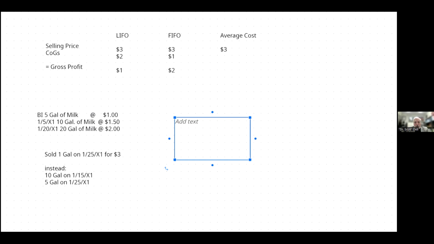And if we sold a total of 15 gallons, then we go back down here and we have 35 minus 15 is 20 left in ending inventory. Better be 20 left in ending inventory. And let's put the equal sign there to make it visual.